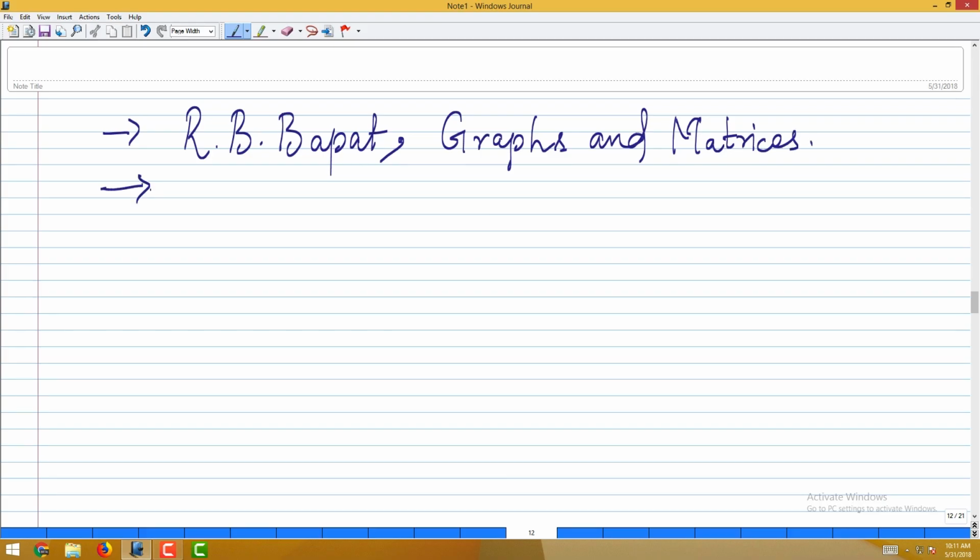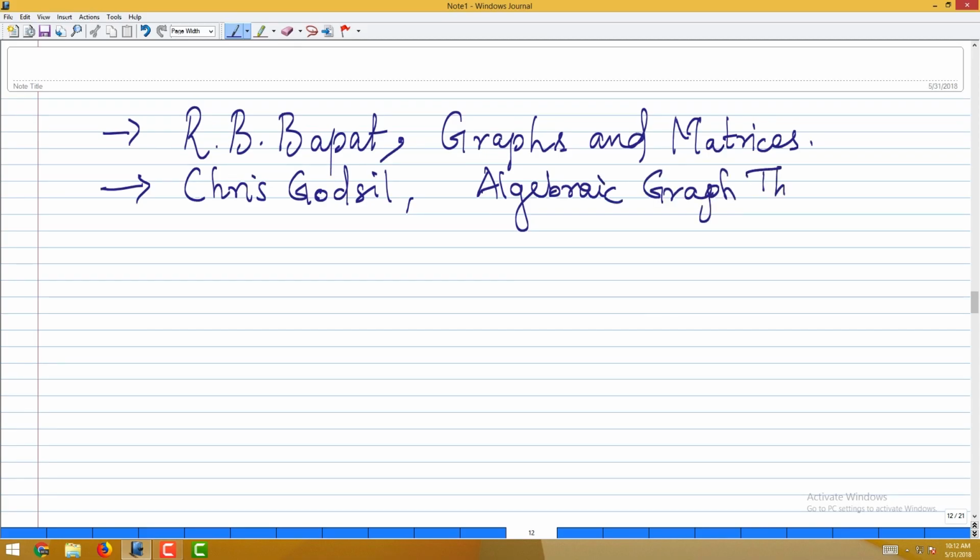If you are looking for not only spectral properties but also other algebraic properties, I would suggest Chris Godsil, Algebraic Graph Theory. And if you want to read it like a story, open Biggs' book. Biggs gives the whole concept of spectral and algebraic graph theory like a story, in bullet points, topic wise. No proofs will be there, but he will hint at the proofs, not in detail.